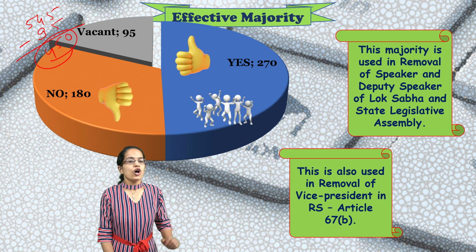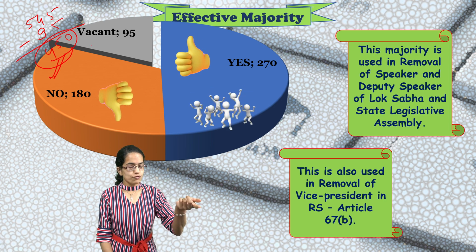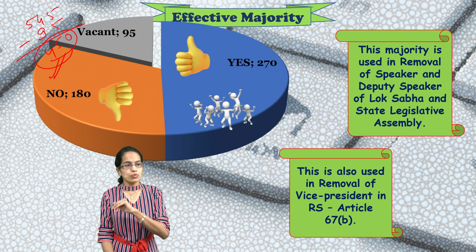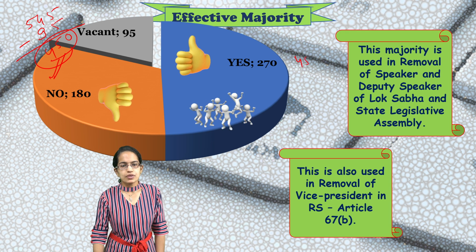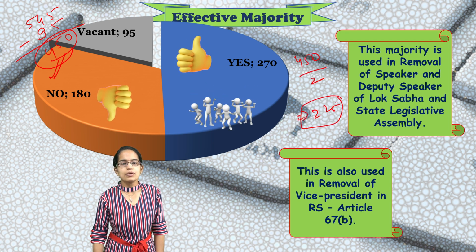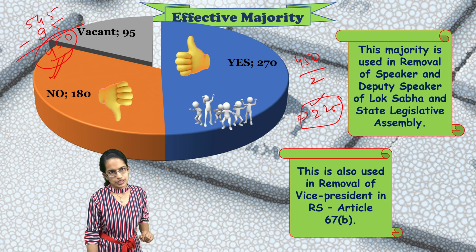Of these 450 seats, we are saying 50% and more. 50% of 450 would be 225, so any number more than 225 would be an effective majority.